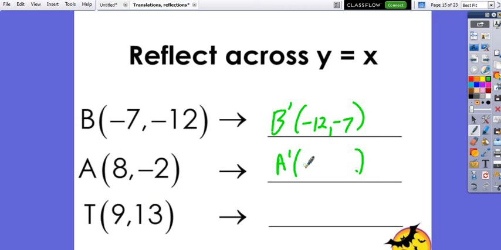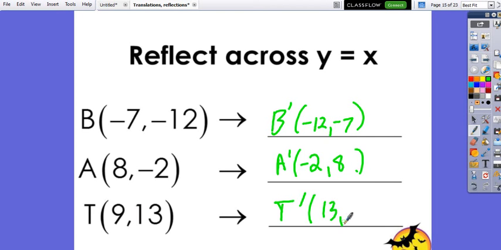You're getting ahead of yourself. Just swap them. Don't change their signs. But guess what? You gave us a preview of what we're about to do. T prime. 13, 9. Good.